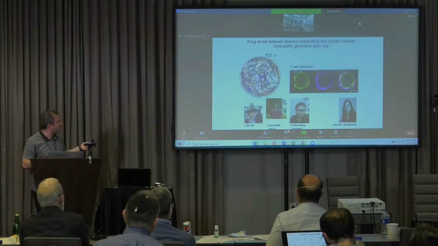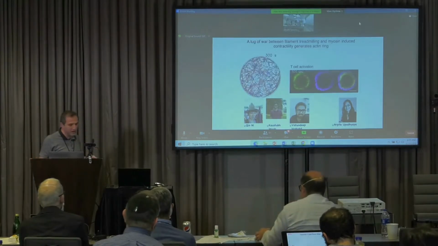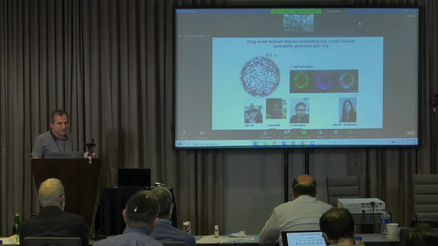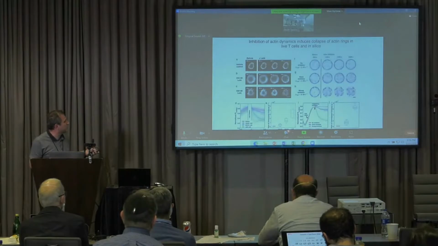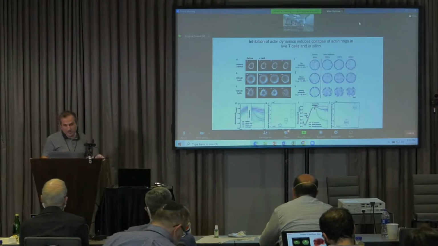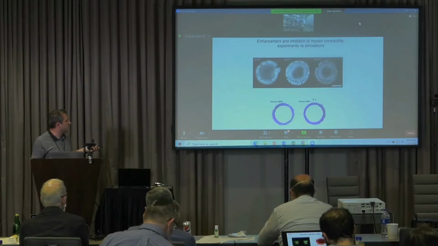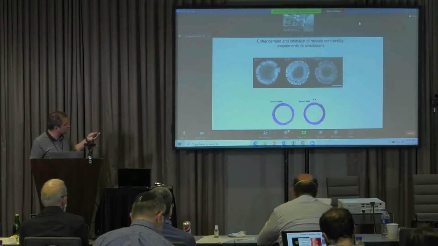We found that our simulations could reproduce those rings in very basic ways. Not only that, but we could have pharmacological interventions. For example, we could accelerate actin treadmilling, or inhibit myosin, and reproduce what's in the experiment.